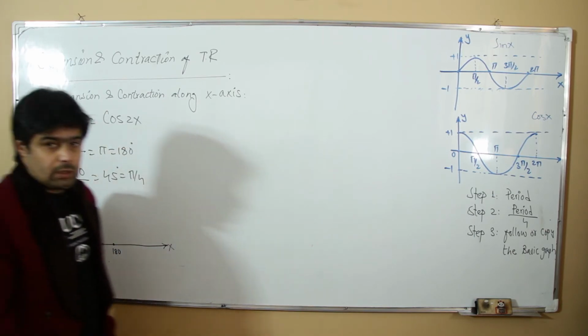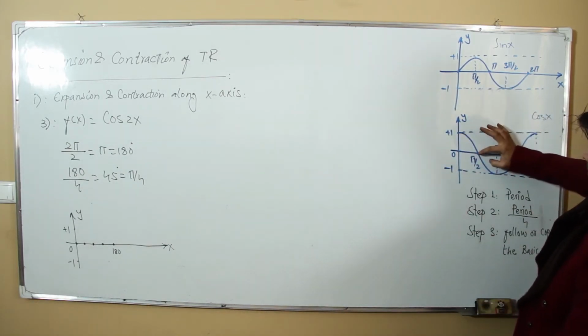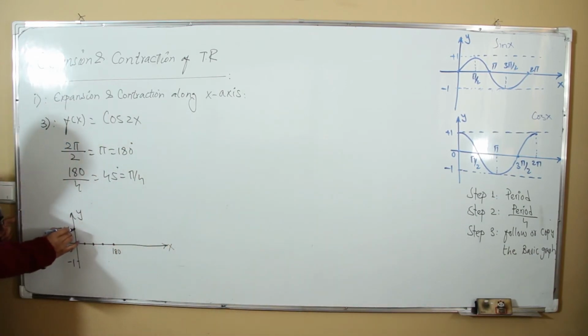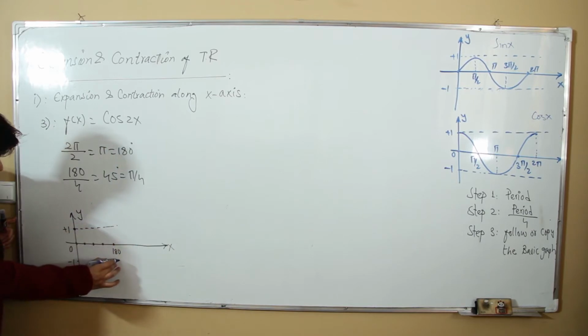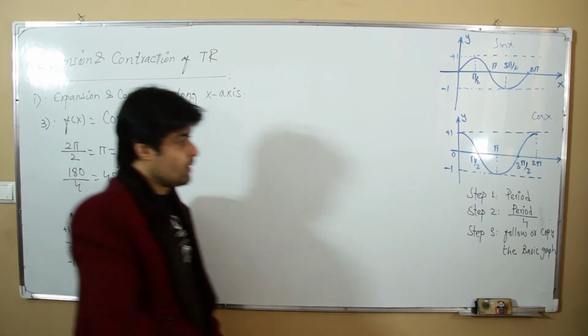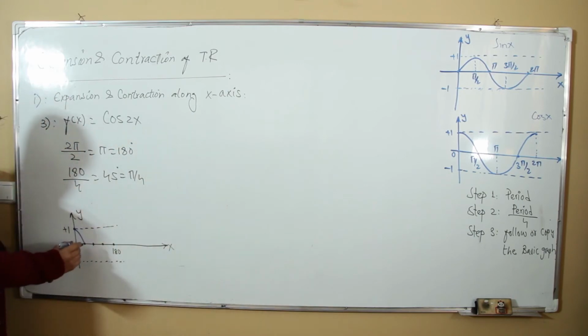Now what the graph cosine is, it starts from 1. The first point it crosses. It means it starts from here. The first point we have to cross. Let me draw these lines. The next point is our minimum. This is our next point.